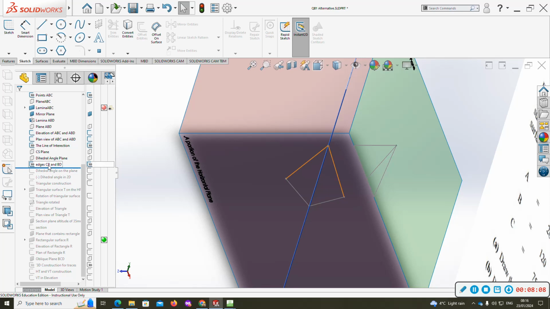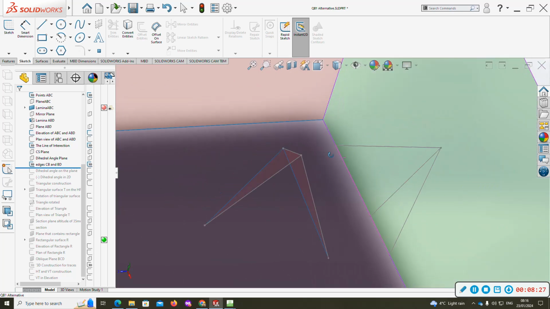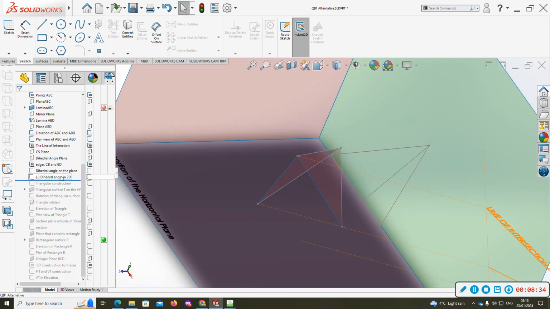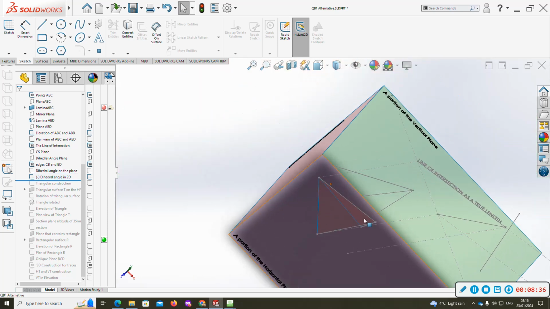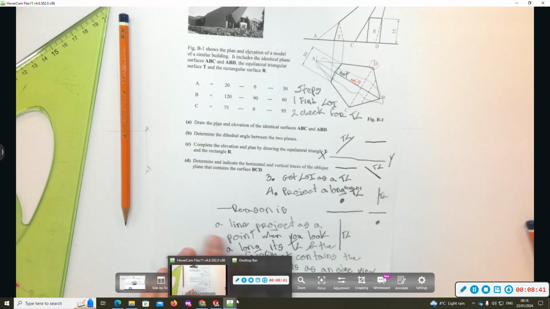You can see the two edge views of the surfaces, or two surfaces projecting as edge views, okay, in my model here. Now, you can look along a line in 3D to get it as a point, but you can't do that, okay, in 2D. So you have to find your true length and then look along your true length. Right. So I begin.